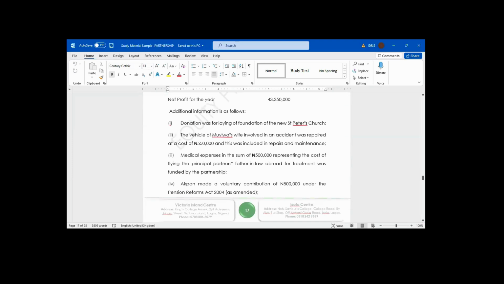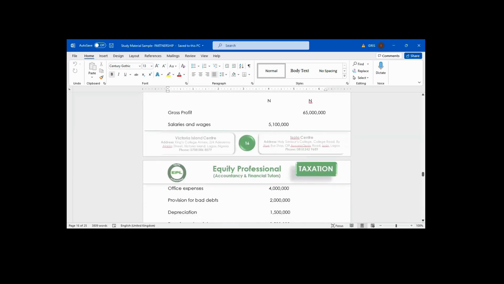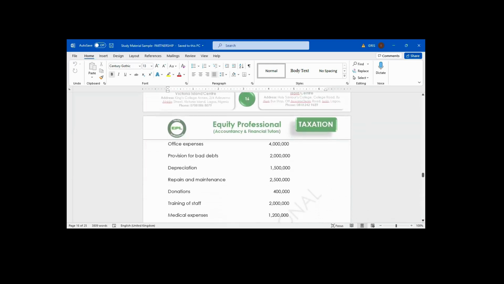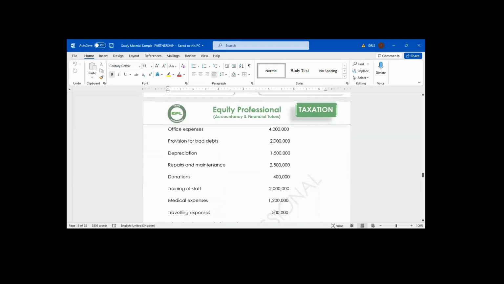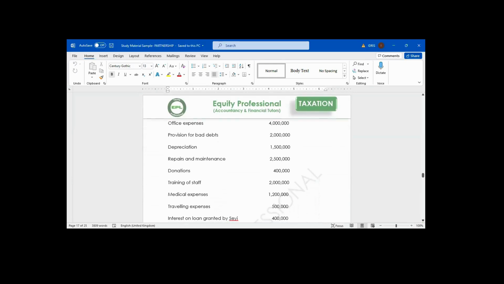No. That means it's allowed, Abi? Yes, sir. Office expenses, allowed or disallowed? Allowable, subject to there being no additional information, Abi? Yes, sir. Provision for bad debt, allow or disallow?